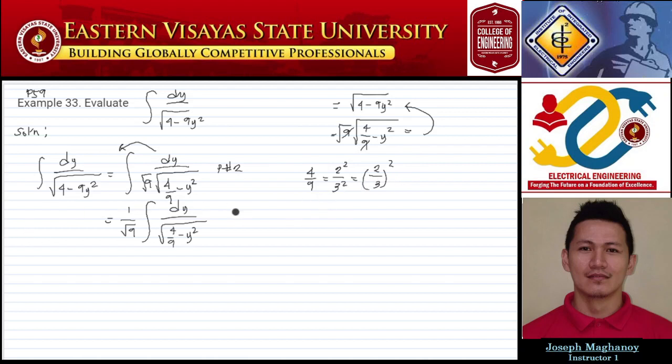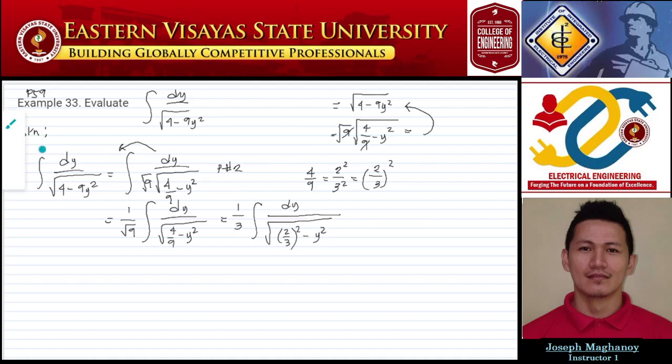Going back to our function, we take the square root of the 9, so that is 1 over 3, integral of dy all over the square root of 2/3 squared minus y squared.